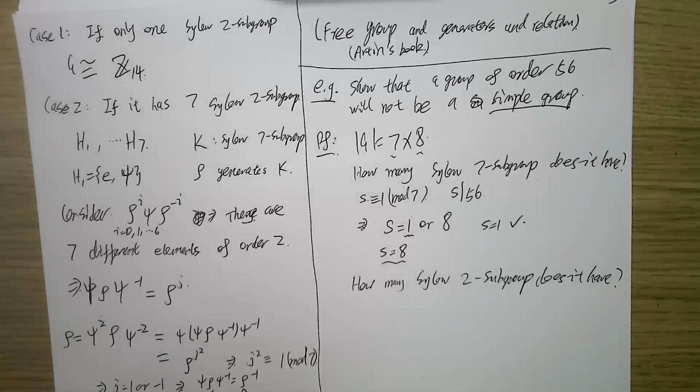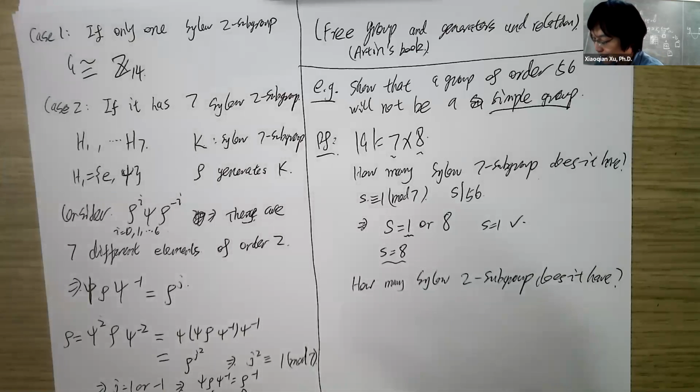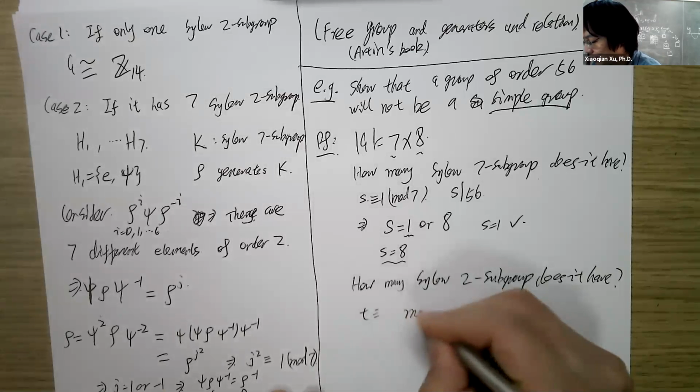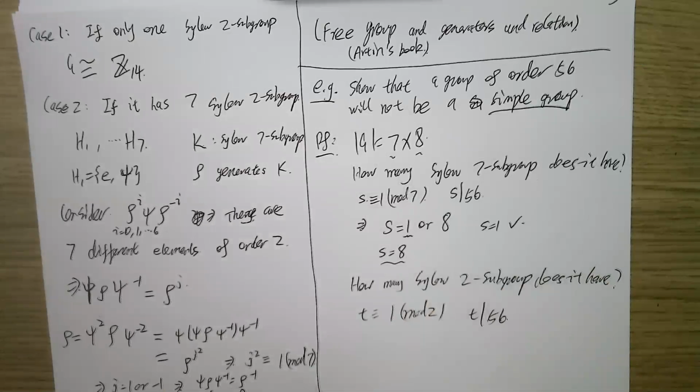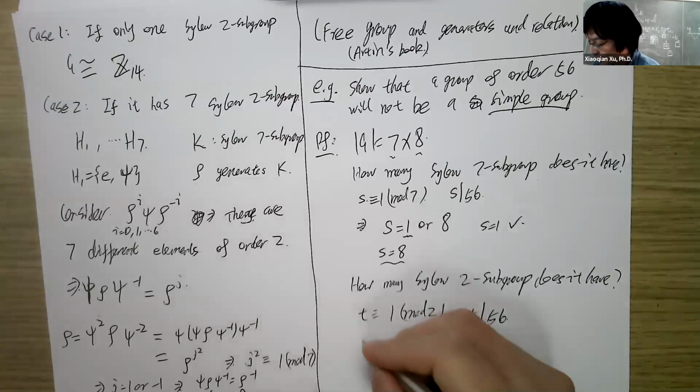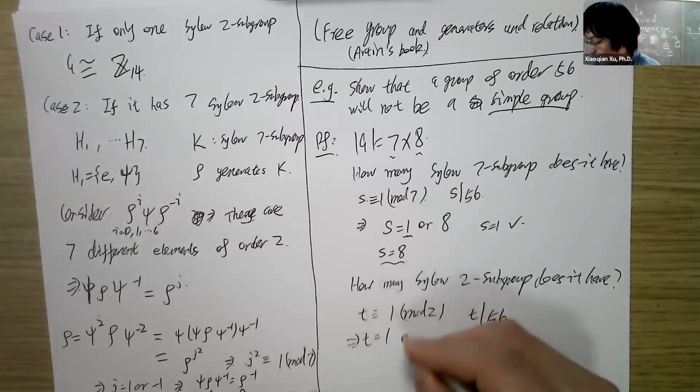Well, there are a lot of possibilities, right? But is that a lot? Again, T mod 2 equals 1, and T is a factor, oh no, wait, only 7, right? Well, yeah, that's right. So T equals 1 or 7.